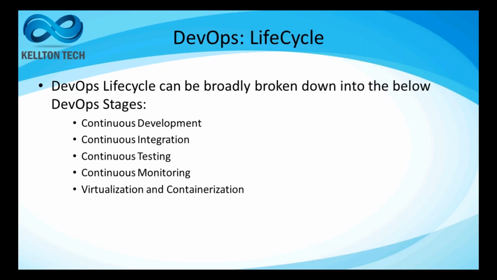The continuous integration will take place after that, and it will pull the code from the GitHub code repository and push it to the development and QA environment, where it automatically triggers.